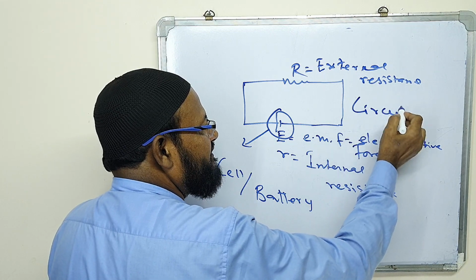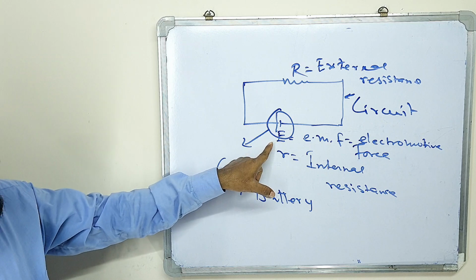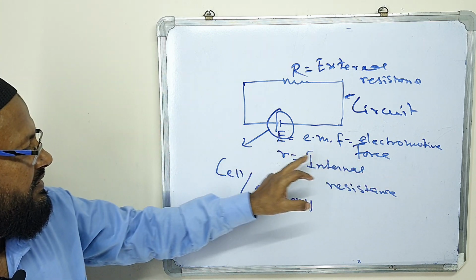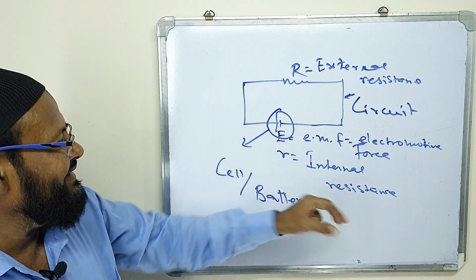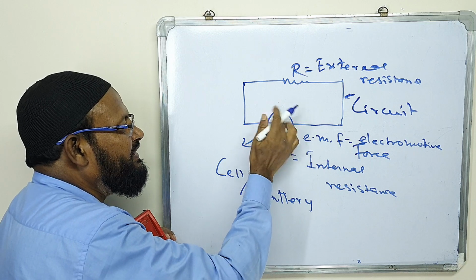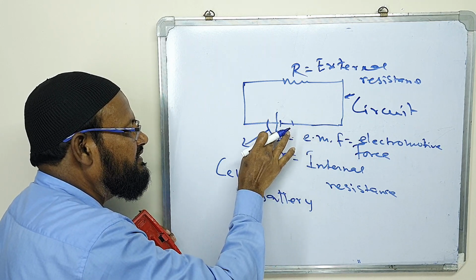What is the spelling? Circuit. This is the circuit. E is the electromotive force of the cell, and this is the internal resistance. Here, please see, sir, this bigger hand. What is this?